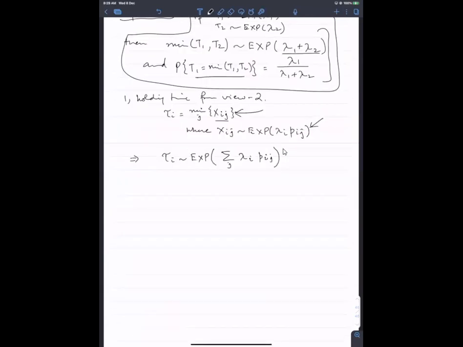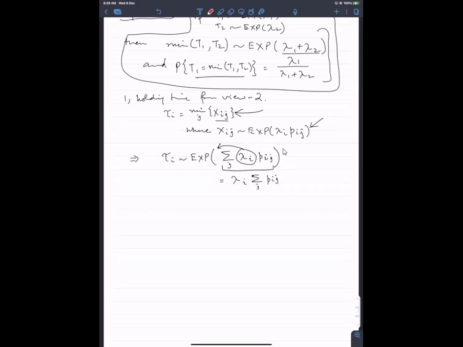So let's take a look. If you think about it, this lambda i can be pulled out of the summation because summation तो j के ऊपर है. ठीक है, so this is really equal to lambda i times summation over j of pij.